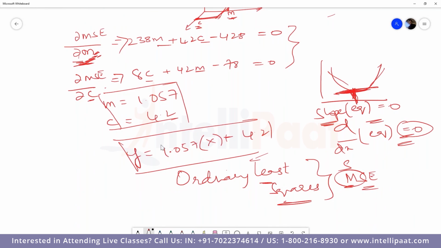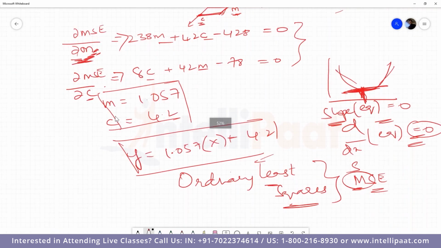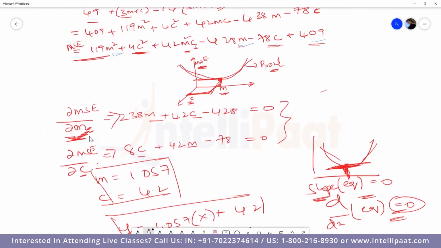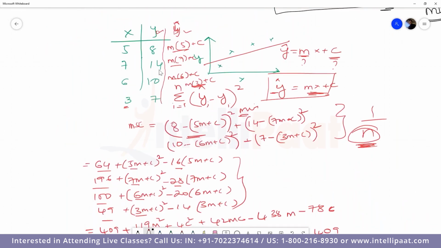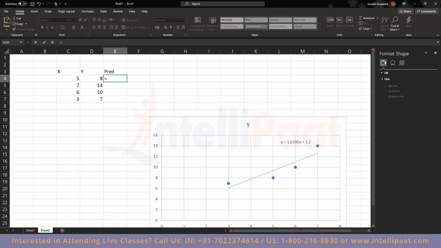One thing that we can validate is, if these two models are extremely different, we can compute the mean squared error on both models, the one that Excel has come up with and the one that we've computed, and identify which is giving a better prediction. So this is, let's say, Excel's prediction.